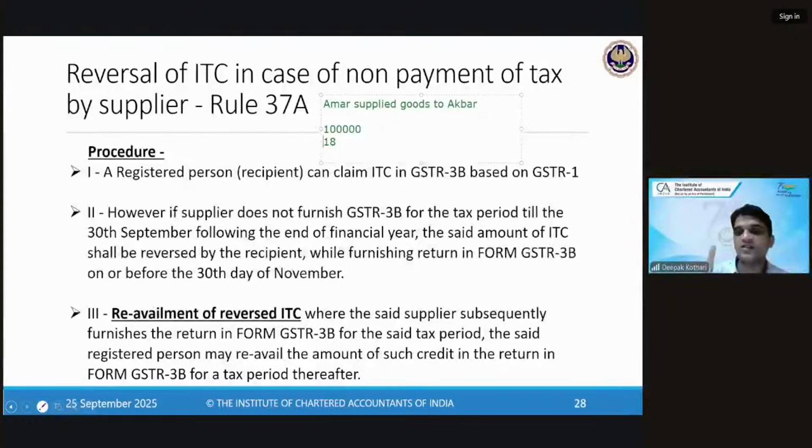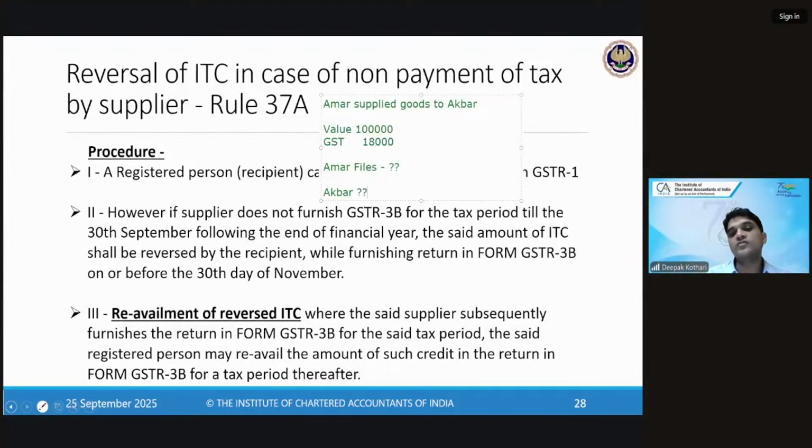So, 18,000 is the GST he's charged. What will Amar file for this? Amar files what return? And then Akbar, what returns and what things does he have to do?